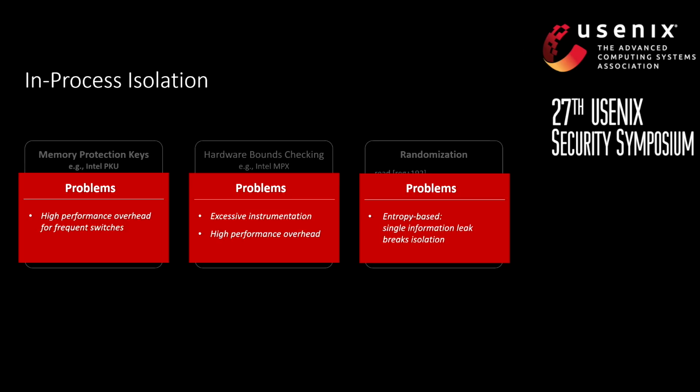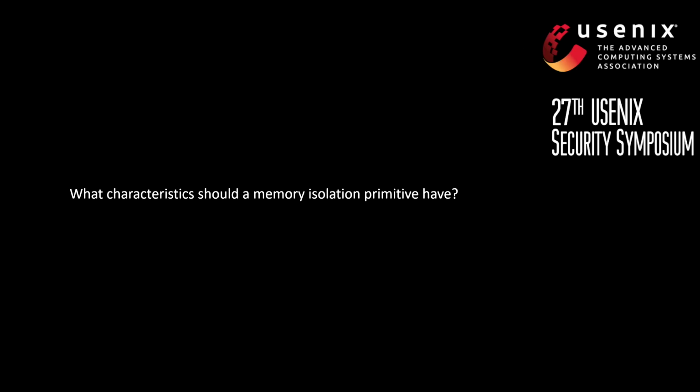For hardware bounds checking, this incurs even more overhead because you have to do excessive instrumentation, which leads to a high performance overhead. Whereas, as I told you, randomization has entropy-based problems. So if you guess a single piece of information, then it's basically broken. So the real question would be, what characteristics should a memory isolation primitive have today so we can use it to fix our software?